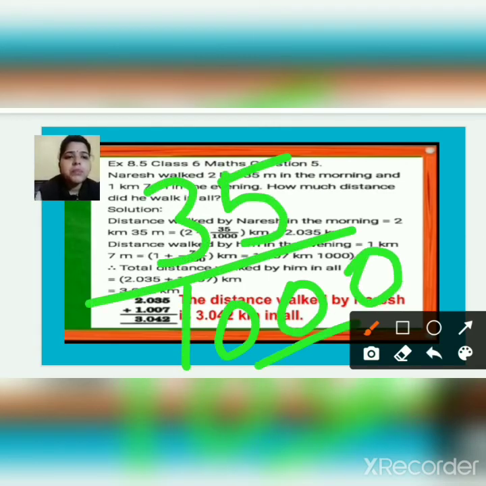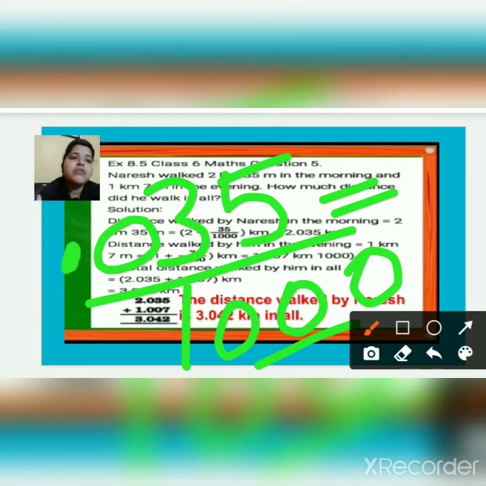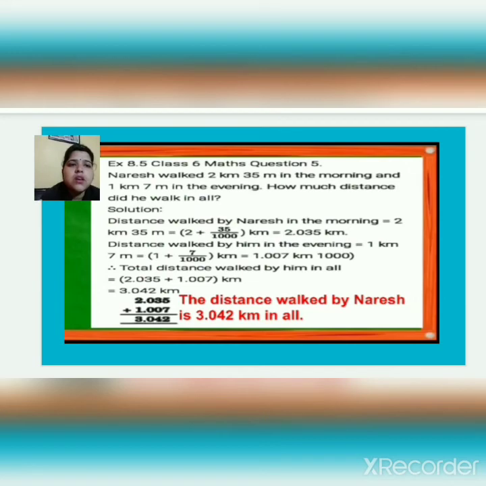How many places does it have? 3 zeros, so we need to have 3 digits in the numerator. So the point will come here, and it will be 0.035. So we will add 2 plus 0.035. So what answer will come?